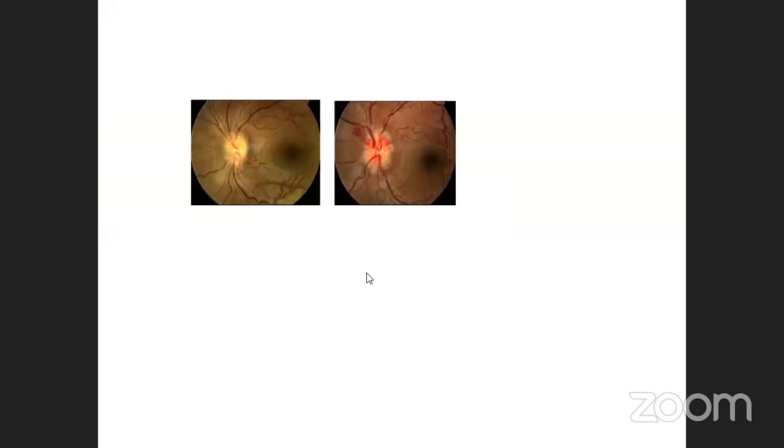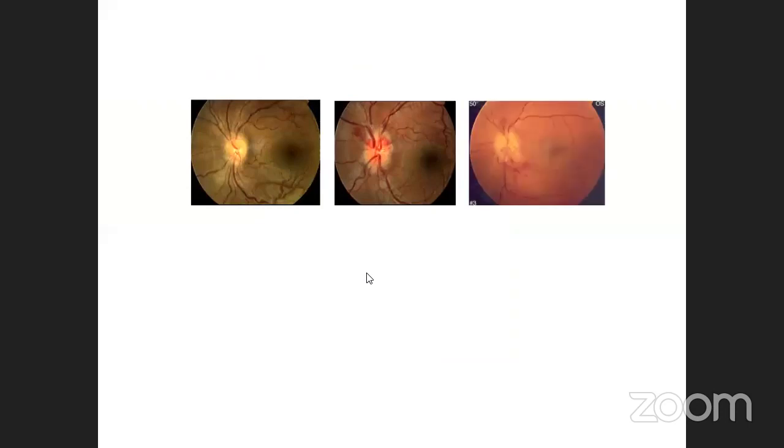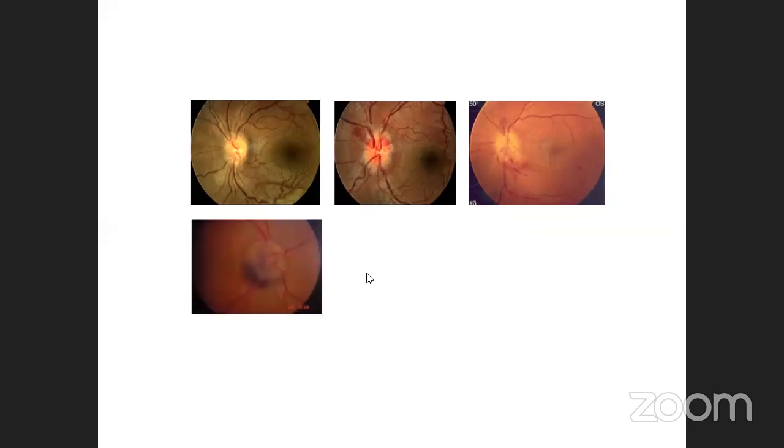You may find different patterns or shapes of disc swelling. You may find a swollen hyperemic disc with normal blood vessels, a swollen hyperemic disc with tortuous vessels and hemorrhage, a swollen pale disc with splinter hemorrhages, an elevated disc with pigmentation.